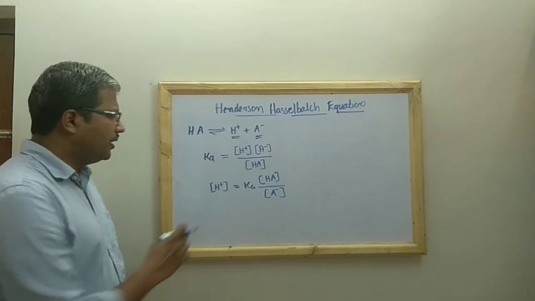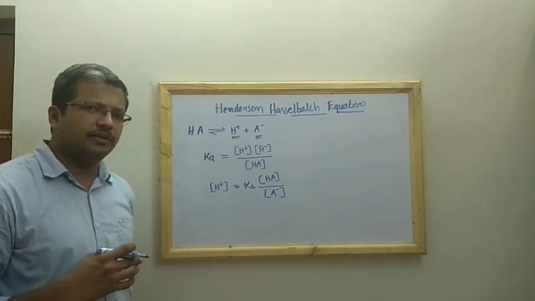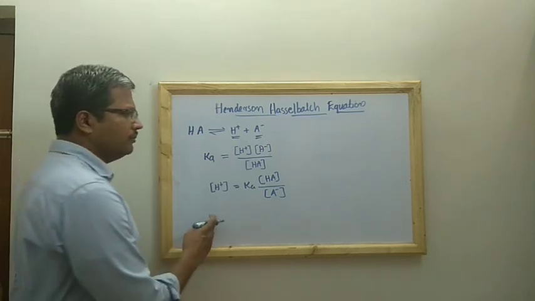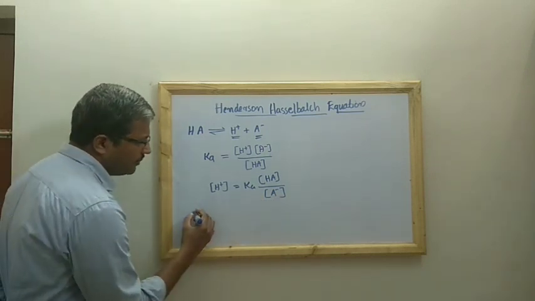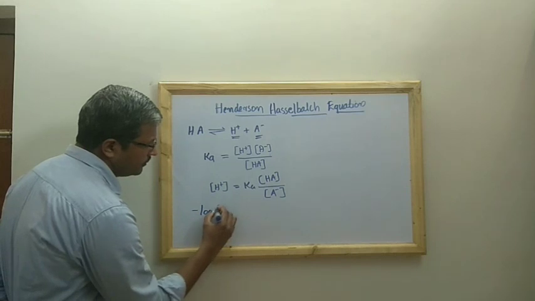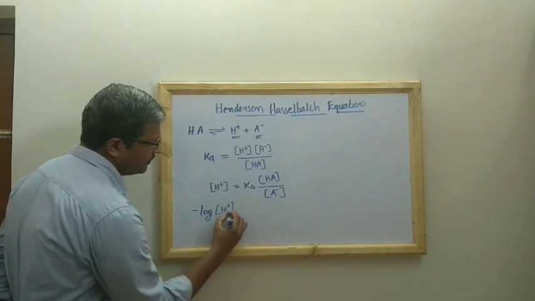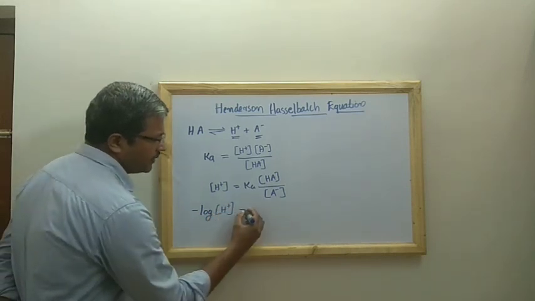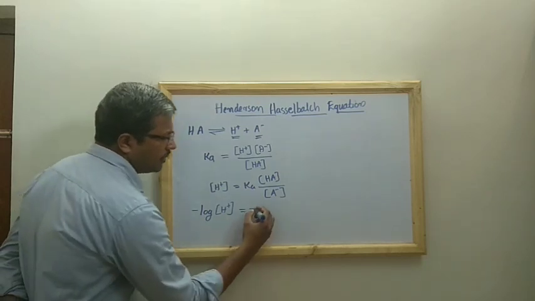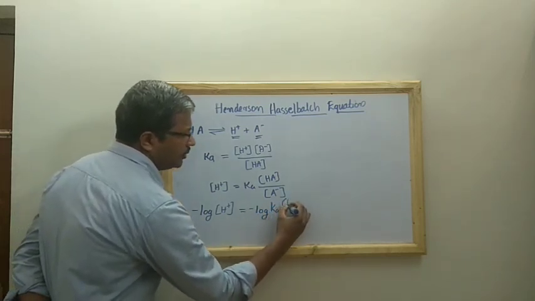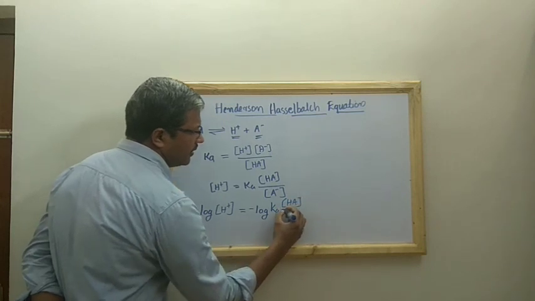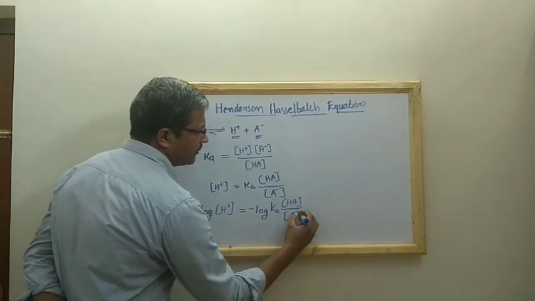Now I am taking the negative logarithm on both sides. So minus log H plus is equal to minus log of Ka into HA divided by A minus.